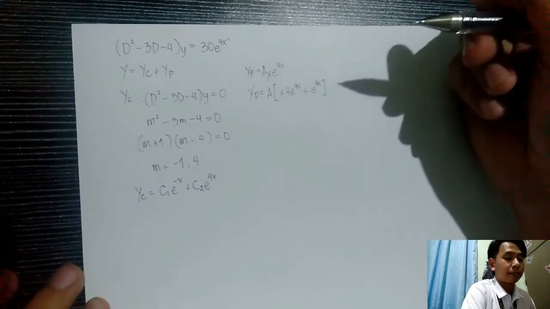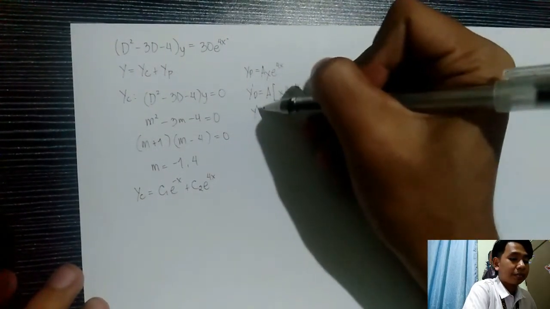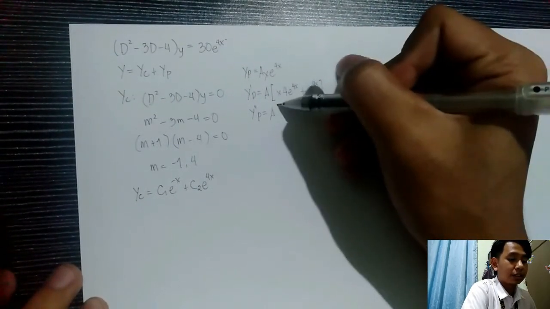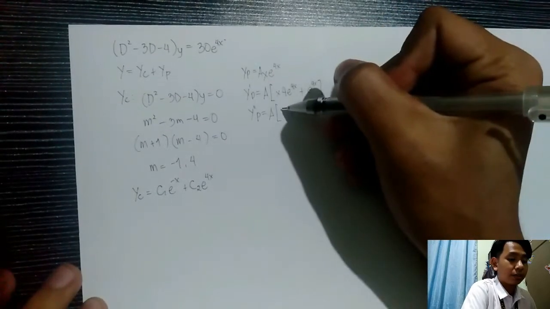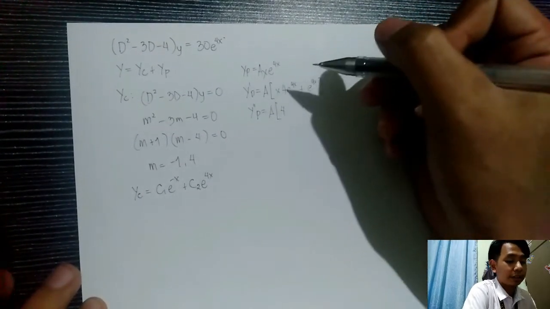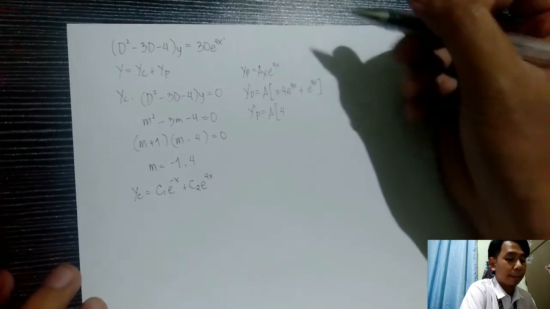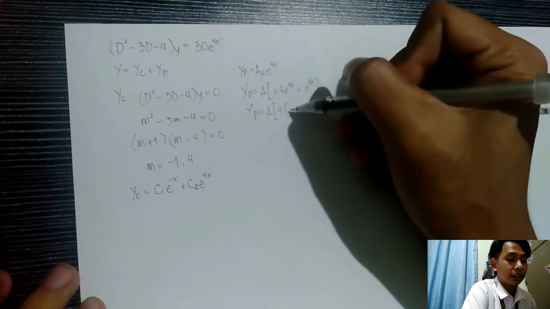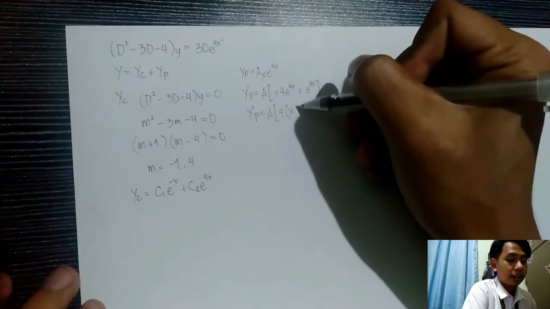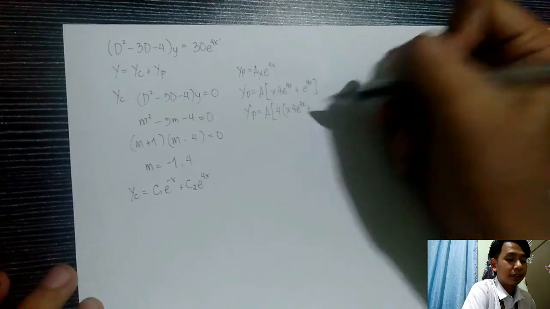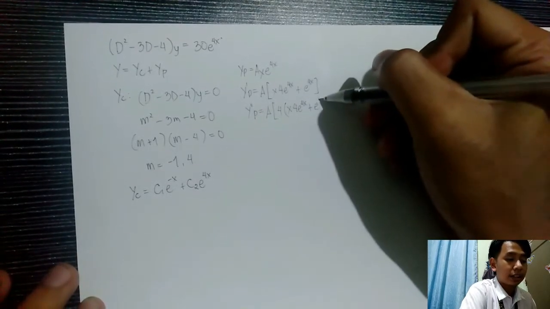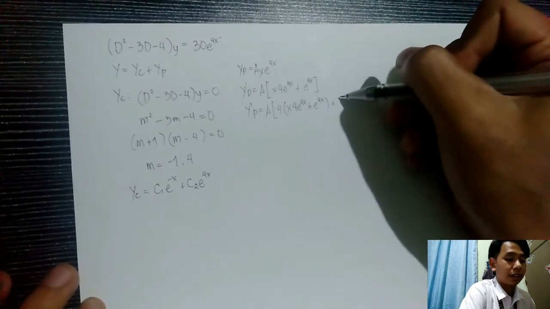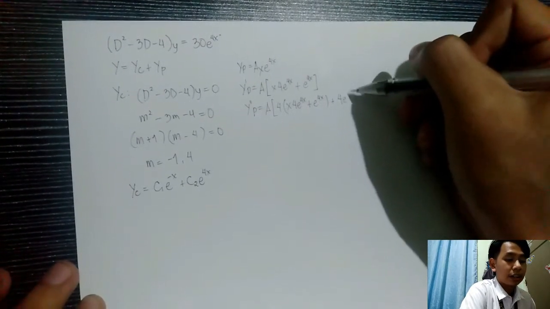Then, the second derivative. This a is a constant. Then here, we differentiate, we move the 4 to the side, then differentiate x e raised to 4x: x times 4 e raised to 4x plus e raised to 4x. Plus, the derivative of this is 4 e raised to 4x.